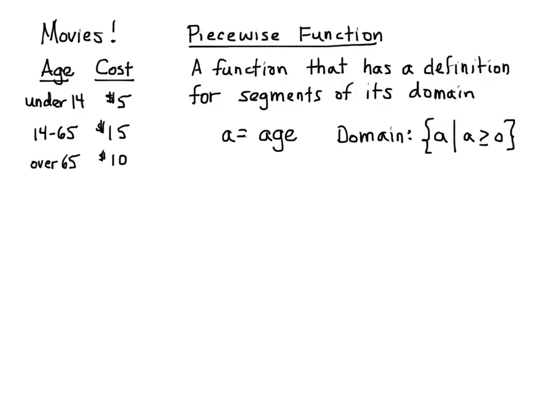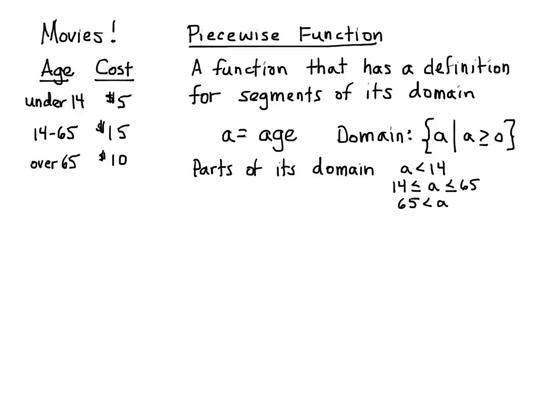We're going to start with infants, and we're not going to put an upper limit on it, although there's probably a practical upper limit, you know, 120 or whatever you want to put there, but we're just going to say it's open-ended. And so the parts of the domain that we're looking at is when a is less than 14, when it's between 14 and 65, and when it's over 65.